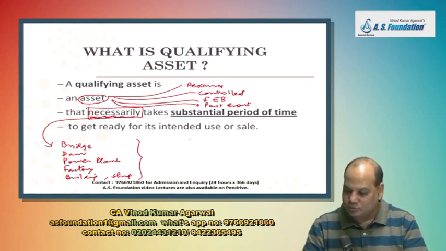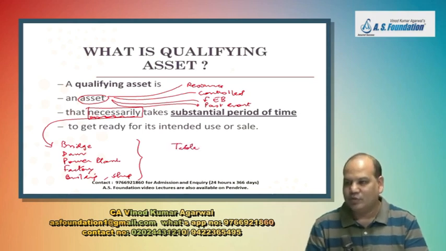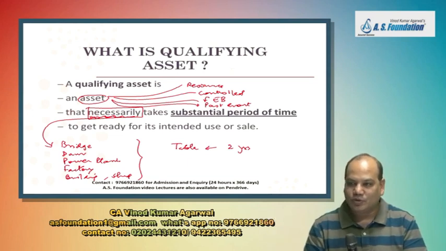But suppose you have to manufacture a table on which you are sitting, and the contractor took 2 years to complete this table. He comes one day and then he comes after 6 months, again he puts one more nail, again after 6 months.